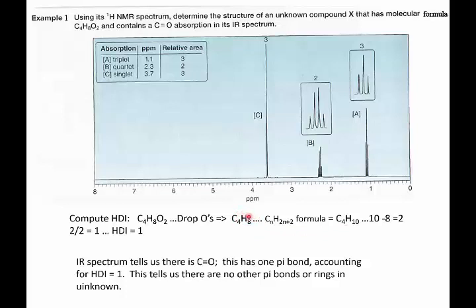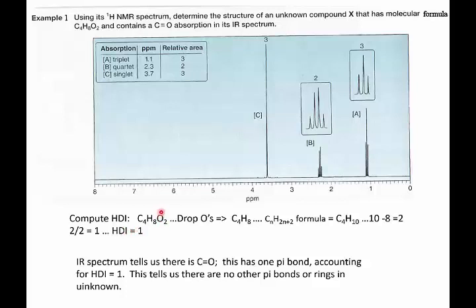And we're going to subtract the number in our hydrocarbon formula, 8, from the number in that other formula, 10. 10 minus 8 is 2. We divide that number by 2, and that's the HDI value, which is 1. An HDI of 1 means that our compound either has a pi bond or a ring.